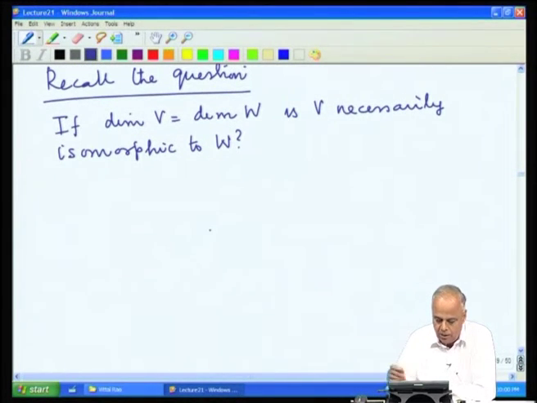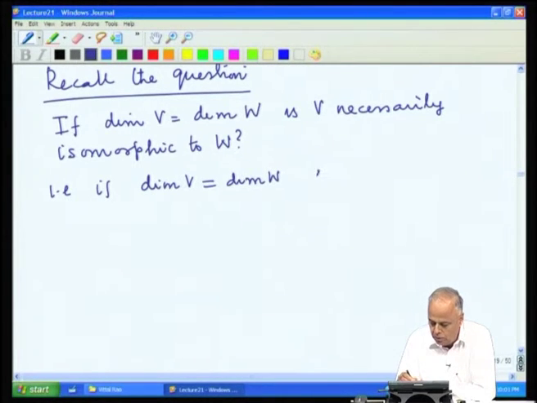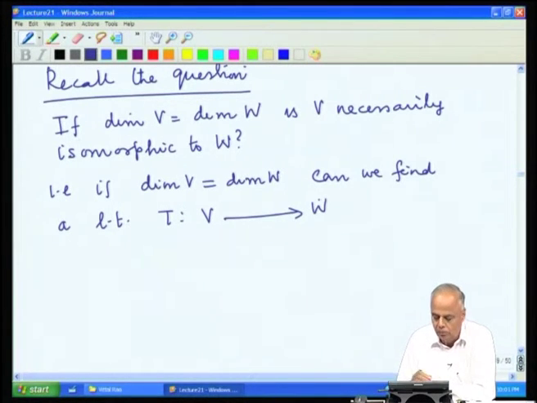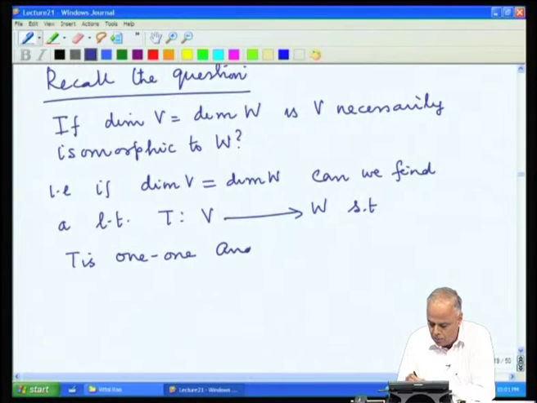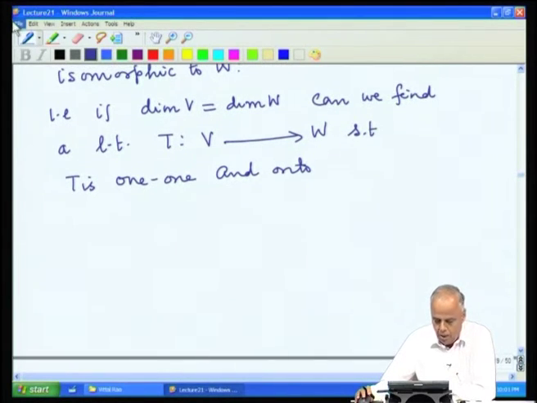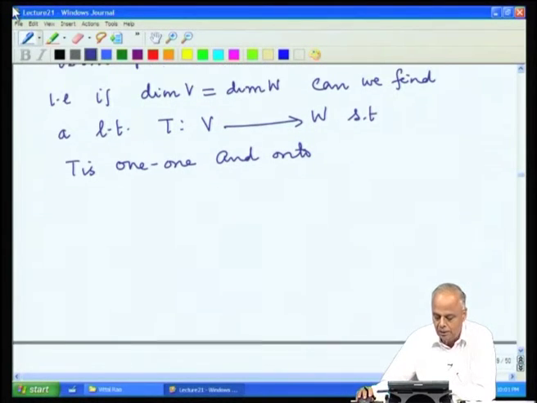This question means, that is, if dimension of V is equal to dimension of W, can we find a linear transformation T from V to W such that T is both 1 1 and onto. Let us see whether we can generate such a linear transformation.